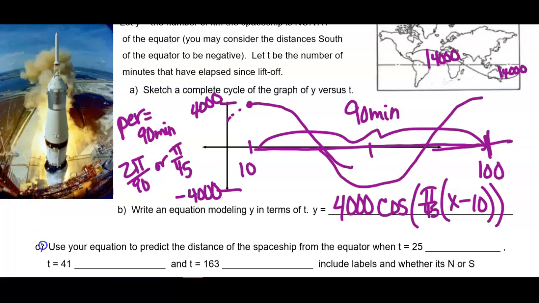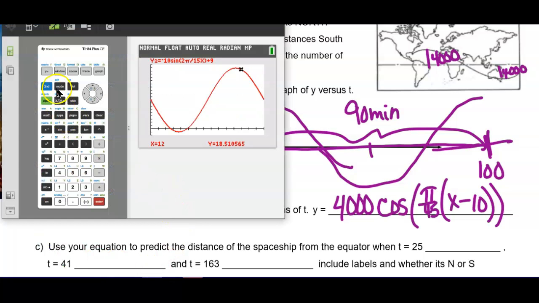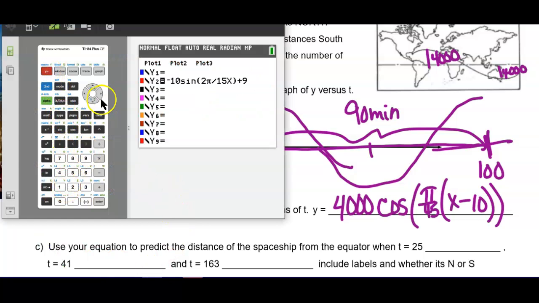All right, so finish this video quickly here by typing this in. 4,000 cosine pi over 45. We needed a shift 10 minutes in before it hit the peak. 2 parentheses, and we didn't need a vertical shift up or down.